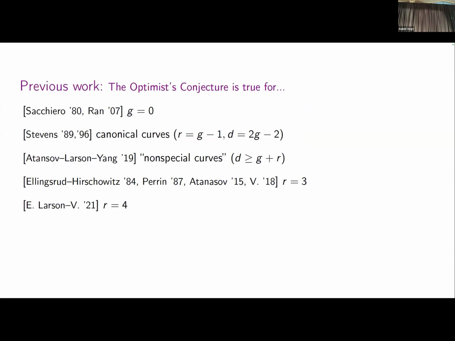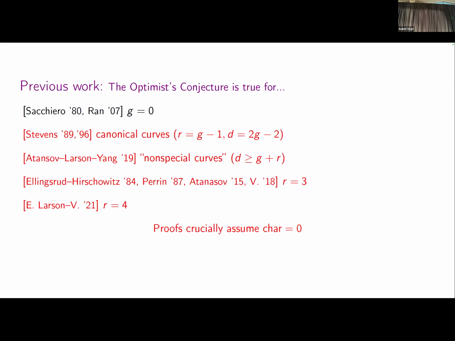But this leaves out many, many of the most interesting tuples G, R, and D of Brill-Noether curves. Furthermore, all of these results, at least the ones I've highlighted in red, crucially assume that the characteristic of the ground field is 0. The only reason genus 0 is not there is because you can reduce to characteristic 0 from positive characteristic.